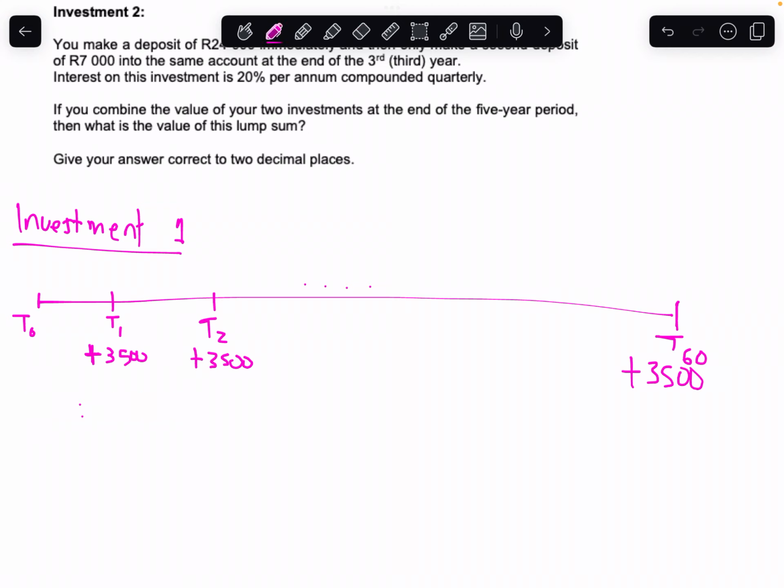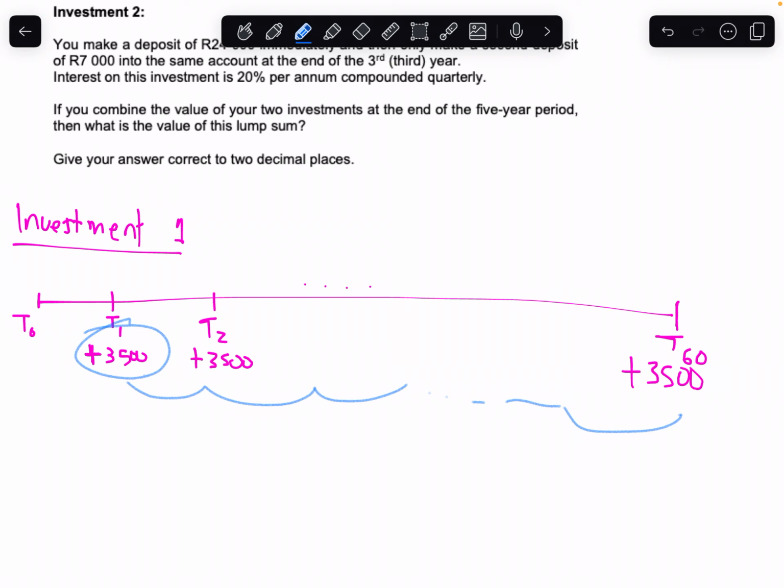So I look at this first payment. This 3,500 Rand is going to live in the investment for 59 months, so it's going to gain interest for 59 months.